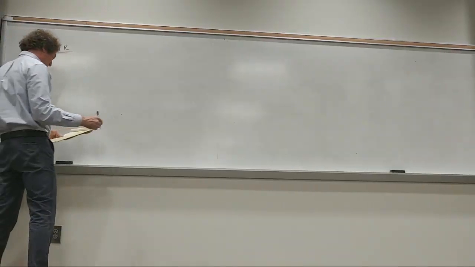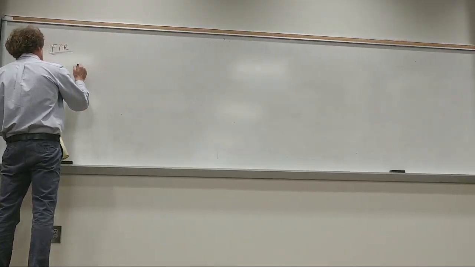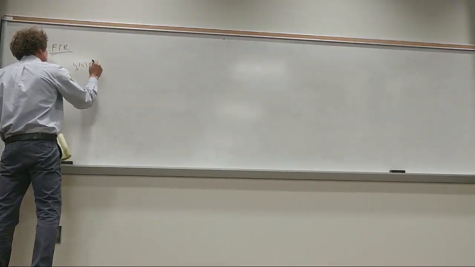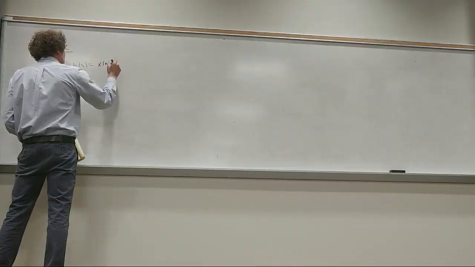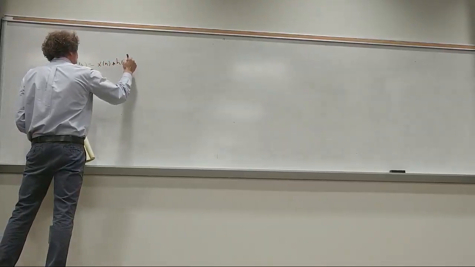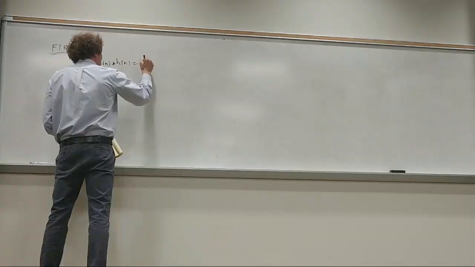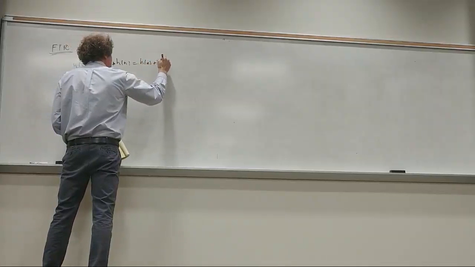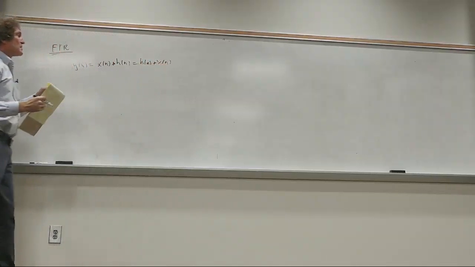So with that, again, remember that y of n is equal to x of n convolved with h of n, and the order makes no difference. It can be h of n convolved with x of n. But that's using convolution to define the output. We all know that. You've seen convolution since really the first week and a half of class.